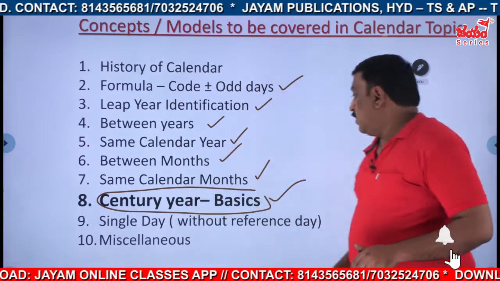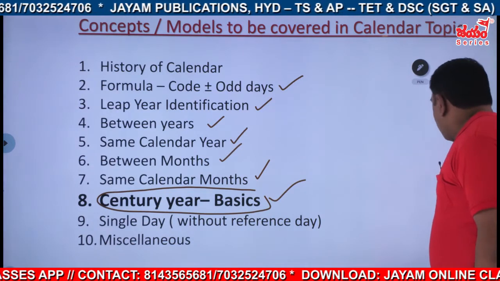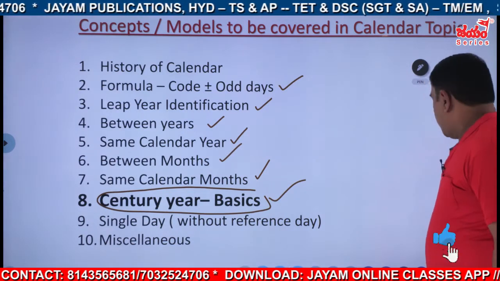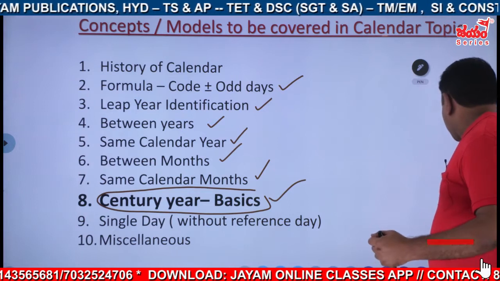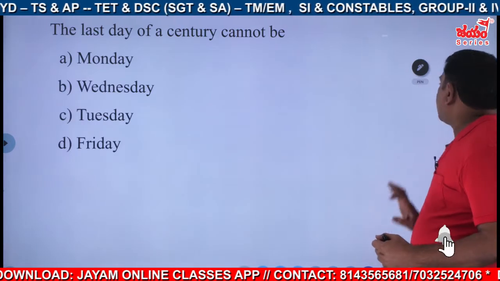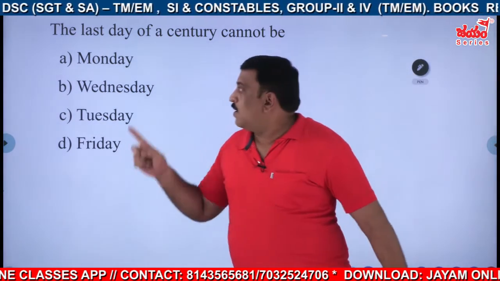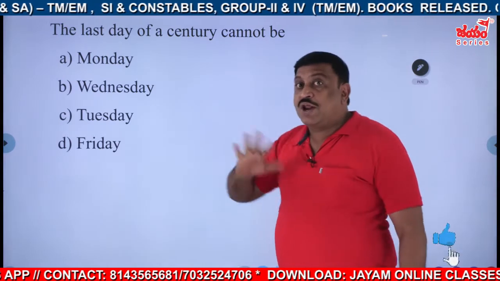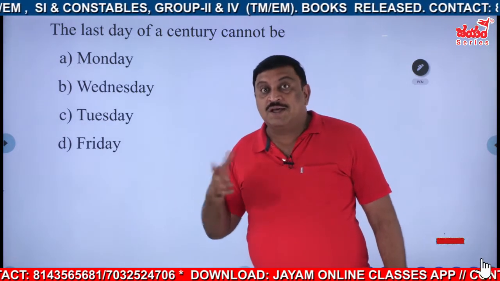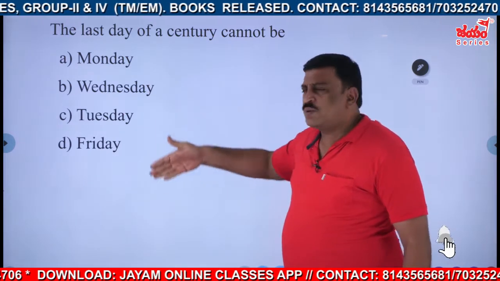This is called a century year. Based on our concept, the last day of a century cannot be just any day; a century starts or ends on particular days, it cannot be Monday, Tuesday, whatever the case.